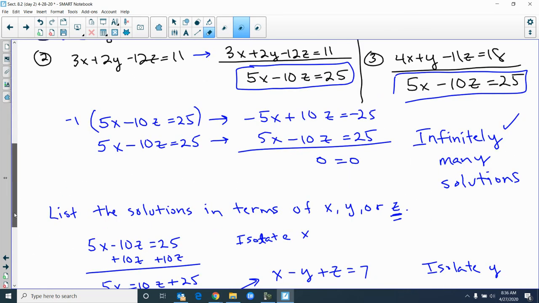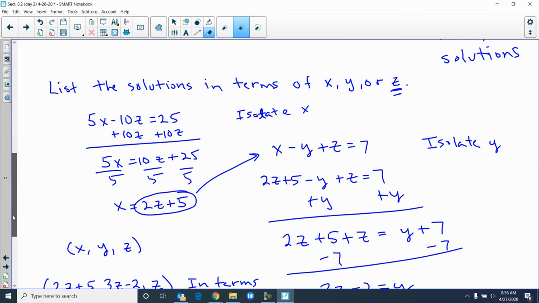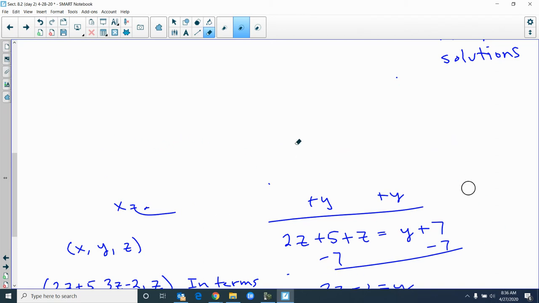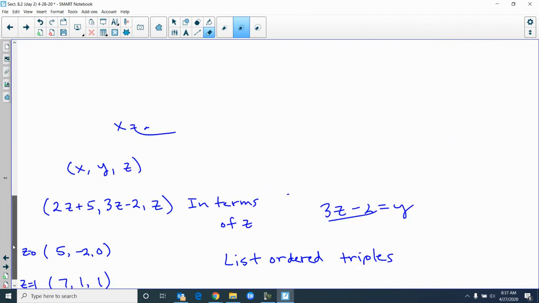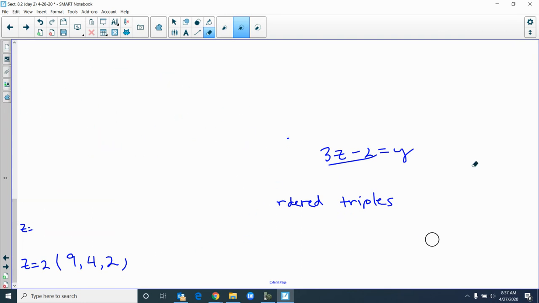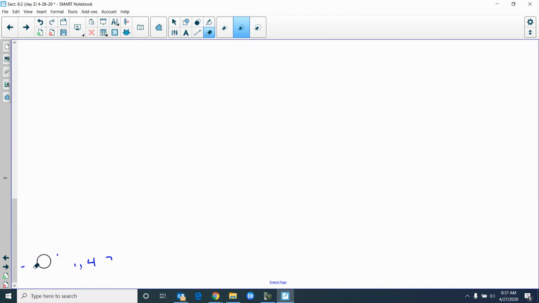If you want to write this down, fine. I'm going to get rid of some of this here. All right, let me go back up to where we were.